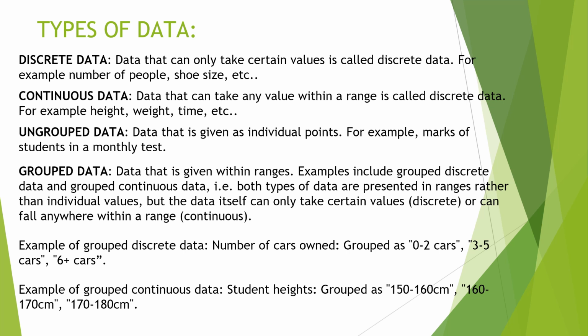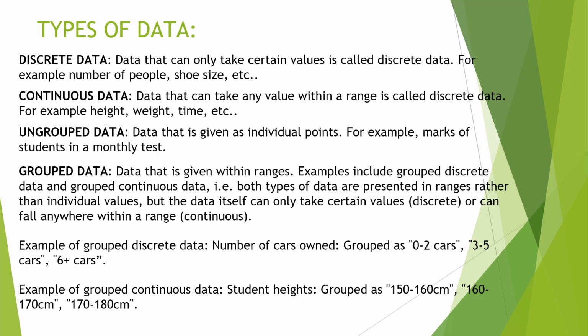For example, if you are having the number of cars owned by people in a city, suppose the city has 100 families: 0 to 2 cars, say 80 families, 3 to 5 cars, say 10 families. That means the data over here is discrete, but I am grouping it.